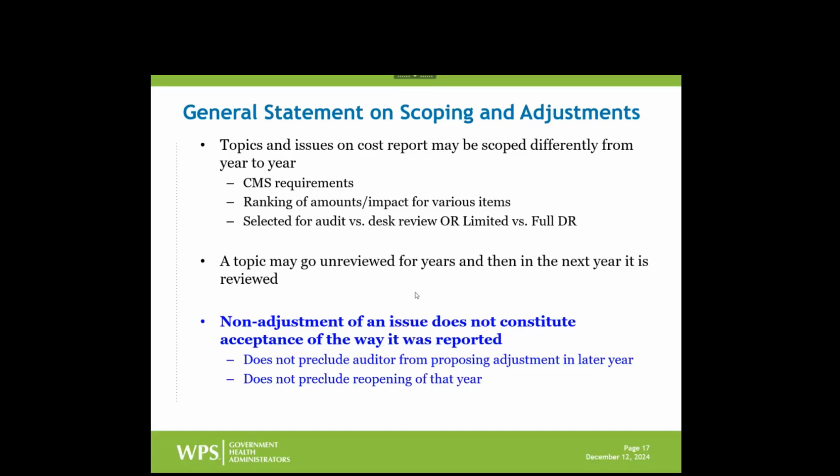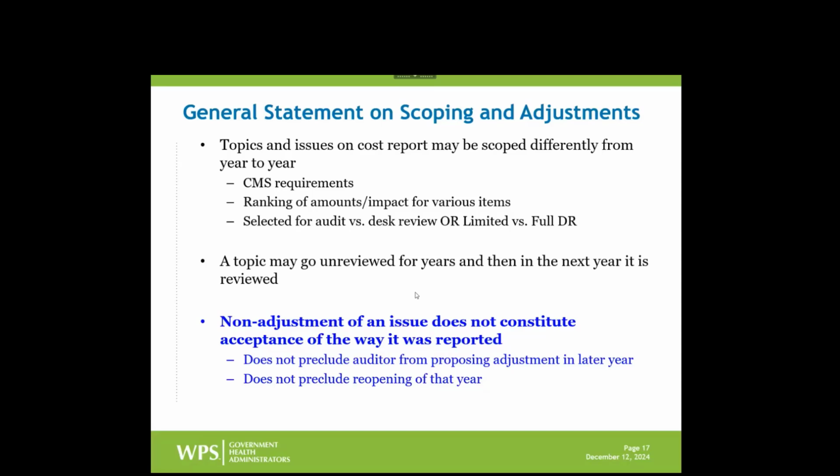But even internally, one of the other requirements they tell us is to take a look at all the things that exceed certain thresholds, for example, and then rank them based on dollar amount, based on impact. Some of those items might get reviewed, others might not, and we have to very clearly document what we do and do not review and why.